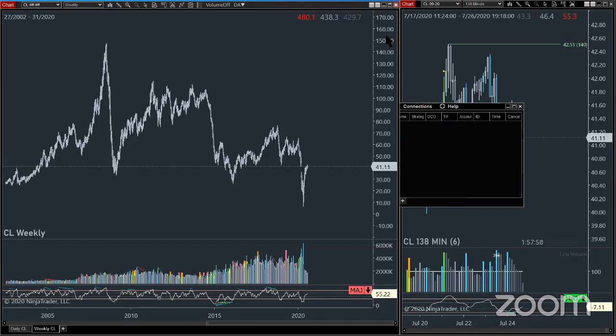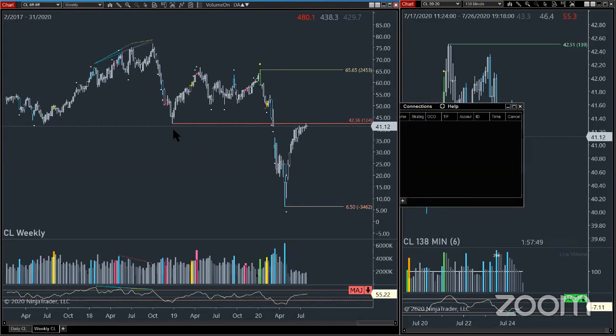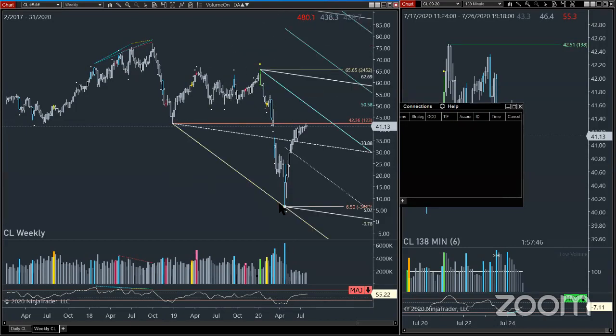So we have retraced all the way back up, and we've just tagged that last week, the underside of that first massive wave down. So this would be the point at which you would be wondering whether or not it's going to turn back down. And I would expect some sort of retracement, but it is so strong to the upside that I don't know.